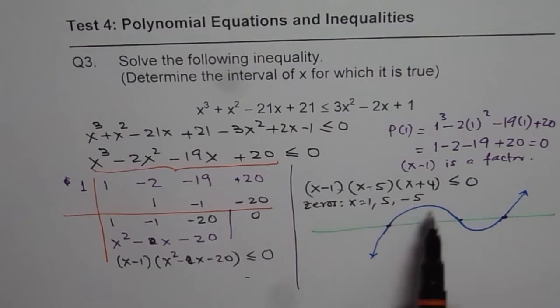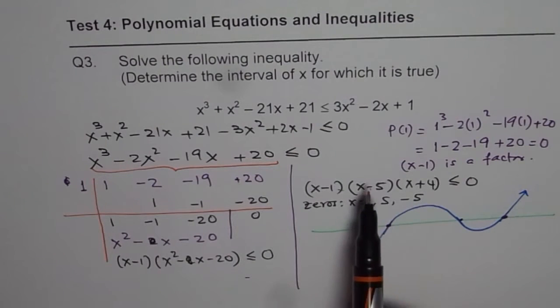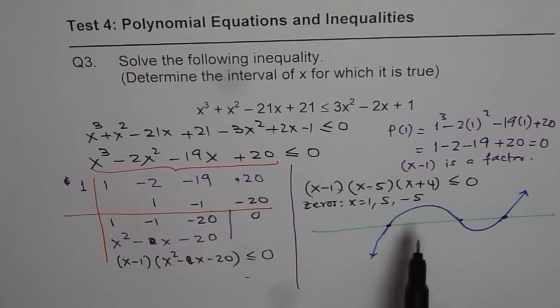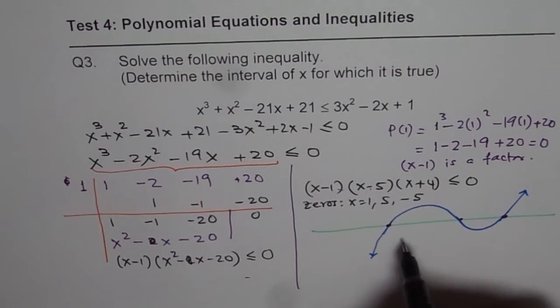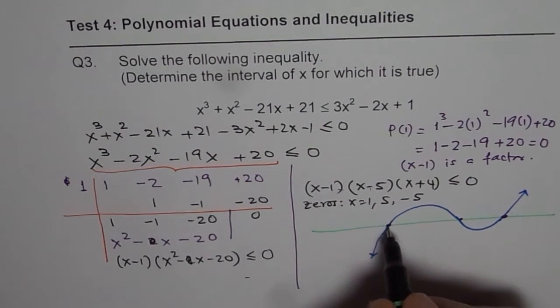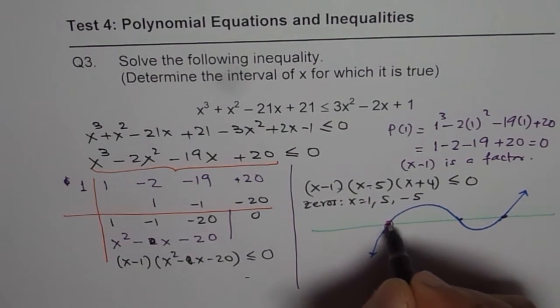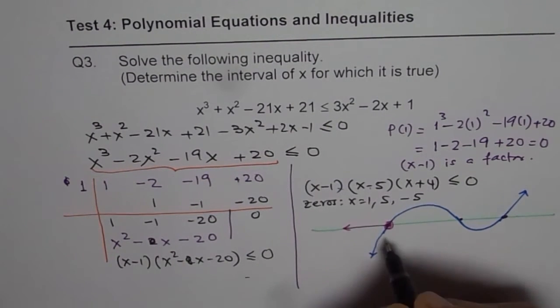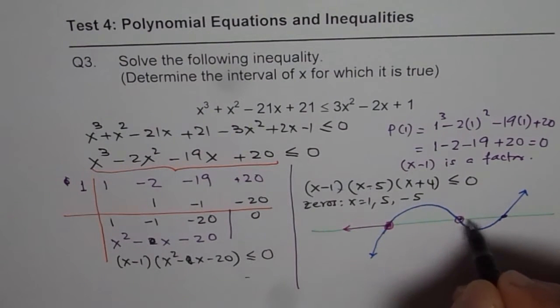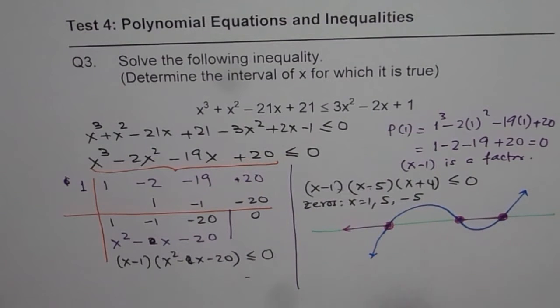Now you can see very clearly when the polynomial is less than or equal to 0, and those are your solution points. The solution includes this point and the left side, which is negative, and everything in between.